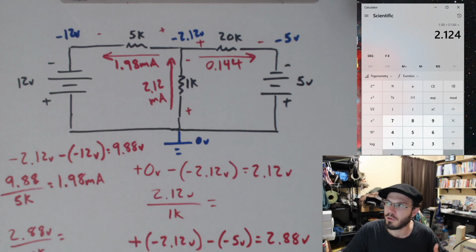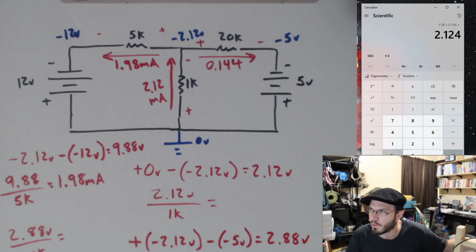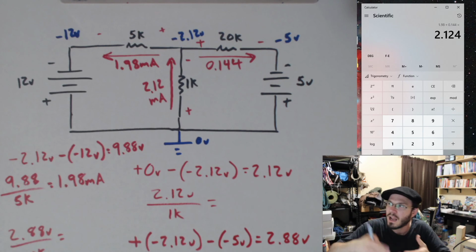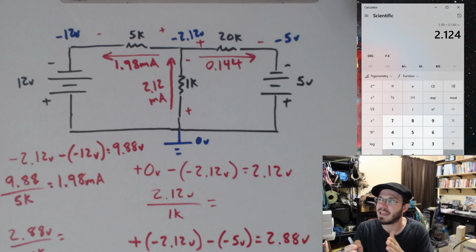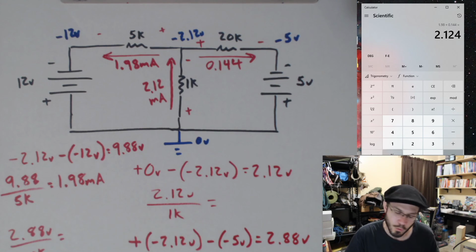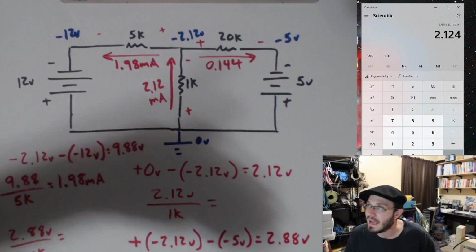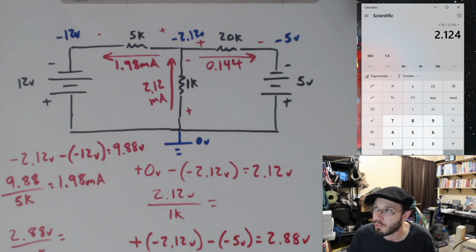You sort of have to look at the problem and go, well, I know this, I can solve for this. Okay, what else could I solve for? Well, I'd have to figure this out before I could, and so you have to kind of invent your own path as you navigate that problem when you're just using your basic rules. But when you're using mesh analysis and nodal analysis, I just follow steps and I come up with an answer.